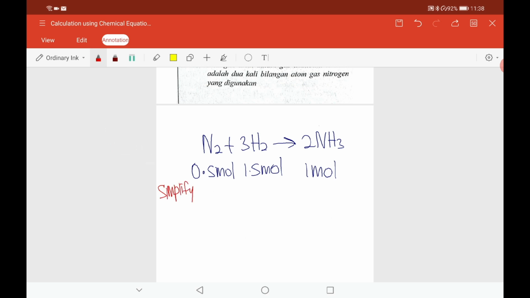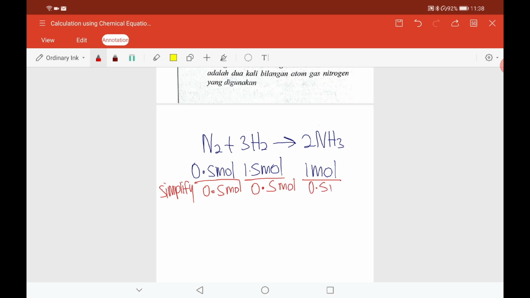We can simplify by dividing all the mole with the smallest value. If you look at these 3 mole here, the smallest value is 0.5 mole. So you divide all of them with 0.5.